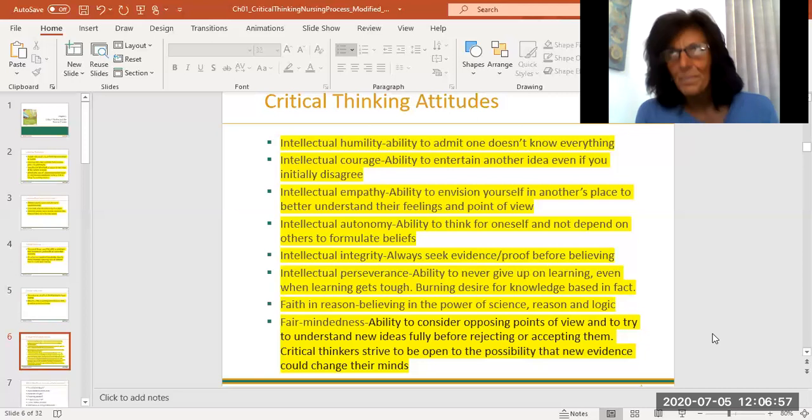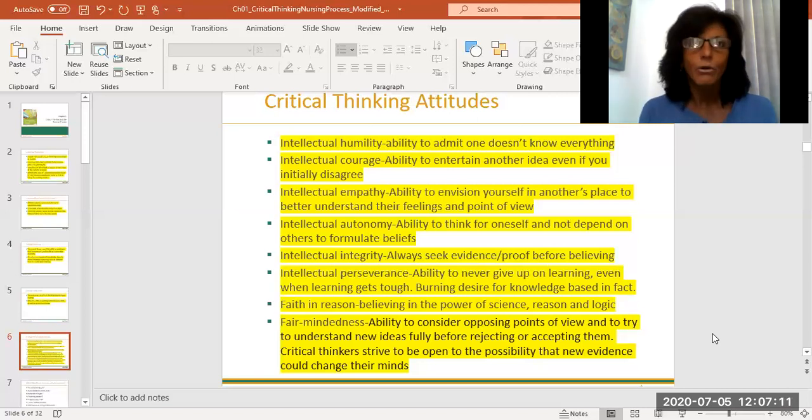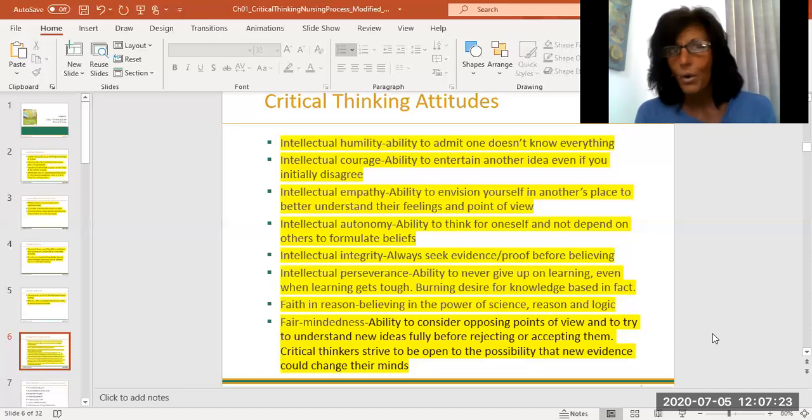Intellectual perseverance. You must never give up on learning, even when it gets tough, right? You have to have a burning desire for knowledge, but knowledge based in fact and science, right? That's what this is. The medical field is based in science. So perseverance, it gets hard. Believe me, I know. I went to nursing school. I had a baby and 2 toddlers, going through a divorce, single mother, you know, the whole nine.